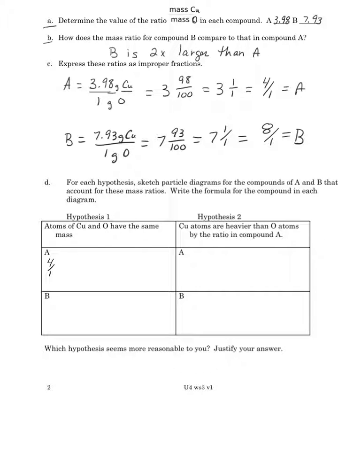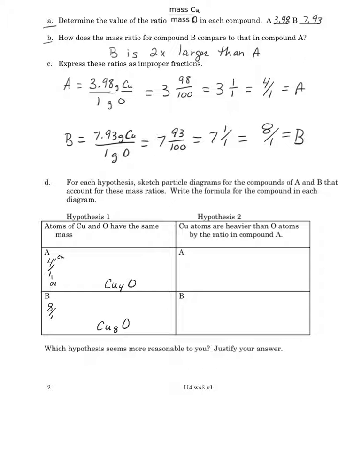For B, it was 8 to 1. Remember, the 4 went with copper, and the 1 was for oxygen. So my formula for A is Cu4O. My formula for B is Cu8O.